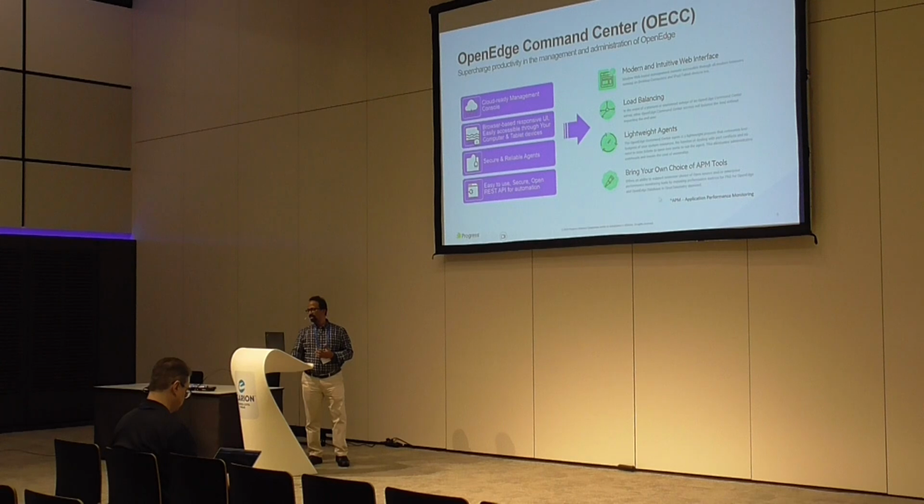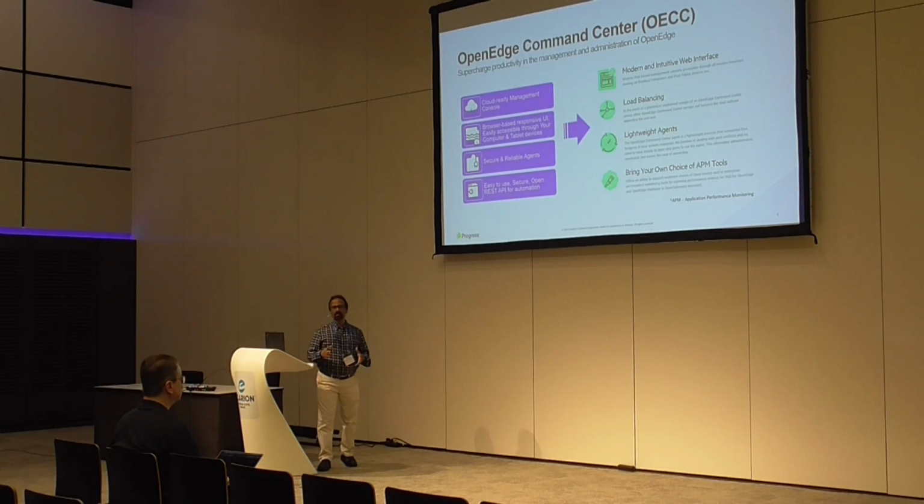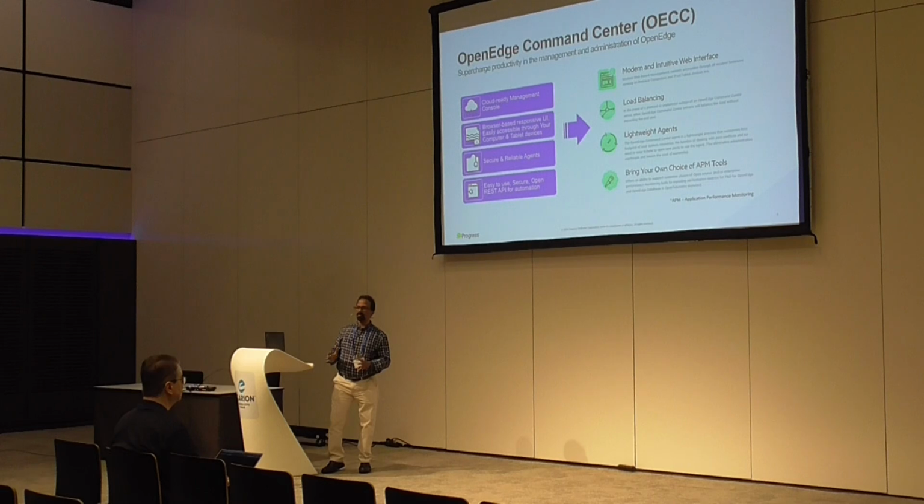Last but not least, related to bring your own best-in-choice APM tools. APM stands for Application Performance Monitoring tools. So it's an OpenTelemetry initiative. The distributed tracing is available in the OpenEdge 12.8 platform because the tracing requires going deep into the platform, the AVM, and the ABL clients that you run, and then the servers.